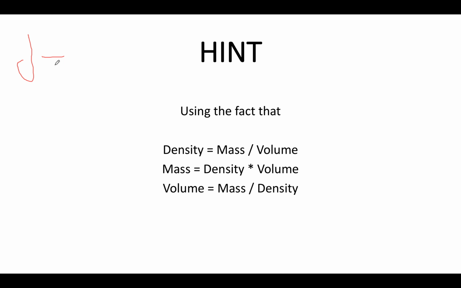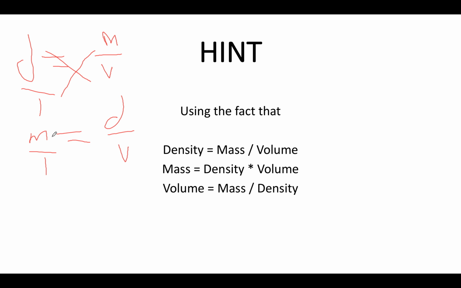Density equals mass over volume. To find mass, you just cross multiply. So you put a 1 here, you cross multiply this, you cross multiply that, and you have mass equals density times volume. And then to find volume, do the same thing.